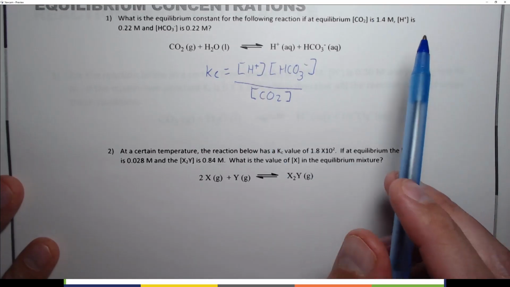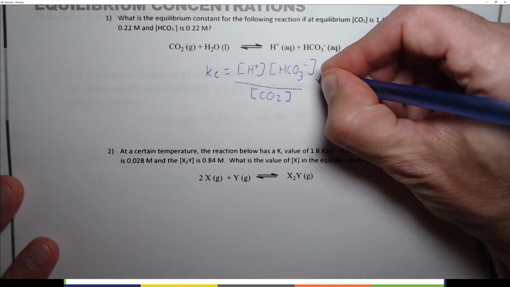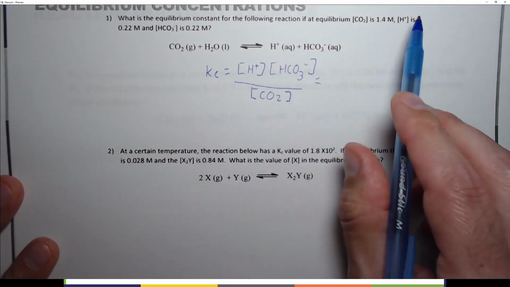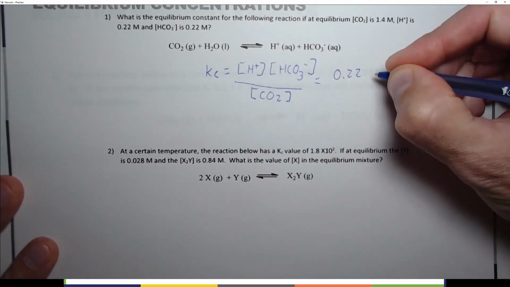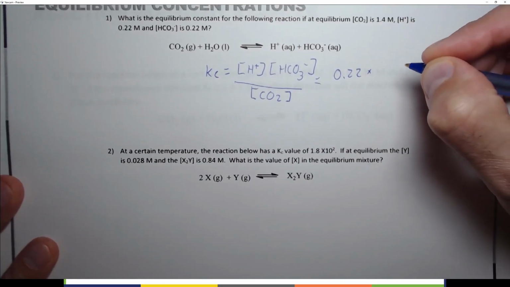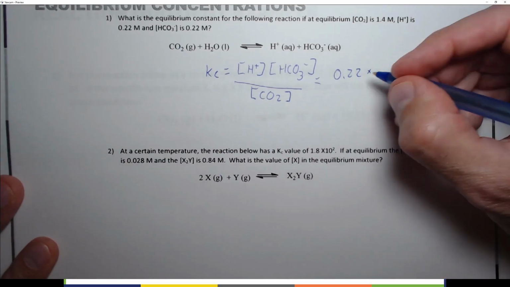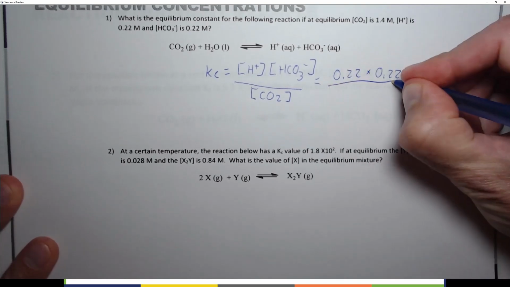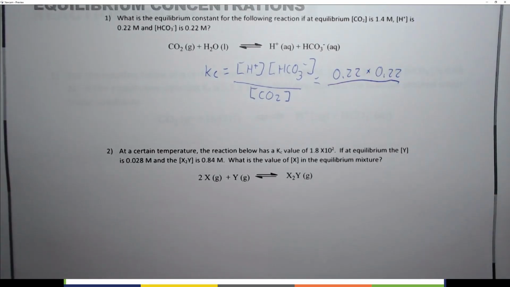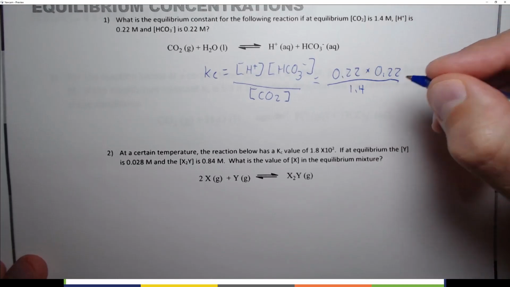So we'll see some examples like that. But in this case, we are given equilibrium concentrations, so we can just plug these numbers in. So H plus is 0.22 molar times HCO3 minus, which is also 0.22 molar, divided by the concentration of CO2, which is 1.4 molar.